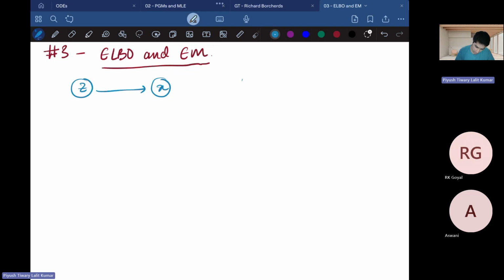We want to learn P theta of X. For now, let's say that all we want to do is sample from this distribution X. Because we don't have access to Z, we would like to do some maths, or introduce some framework, so that we can learn theta, which will allow us to learn this distribution P theta of X. And once we know P theta of X, then we can think of how to sample from that distribution.